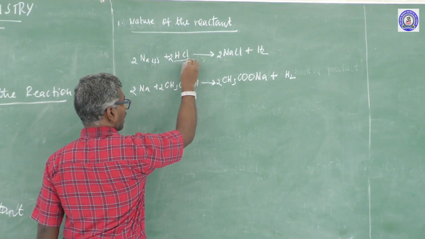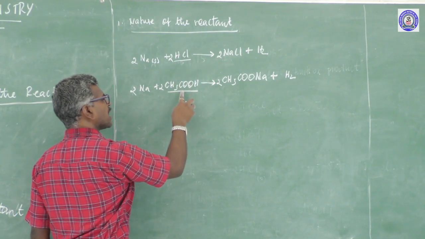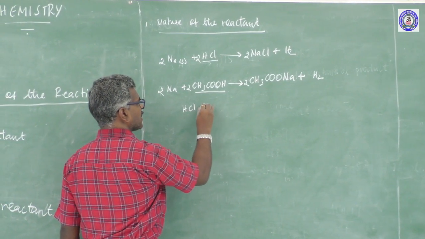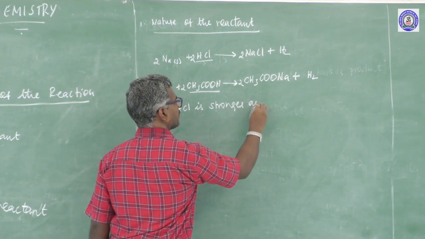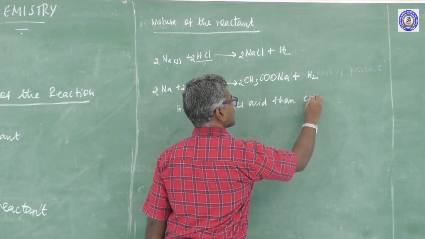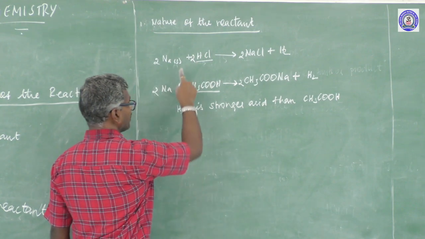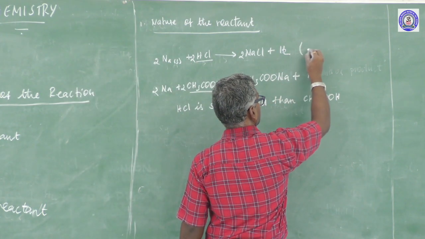Here, comparing hydrochloric acid and acetic acid, hydrochloric acid is a stronger acid than acetic acid. So this reaction is a fast reaction, this reaction is a slow reaction.